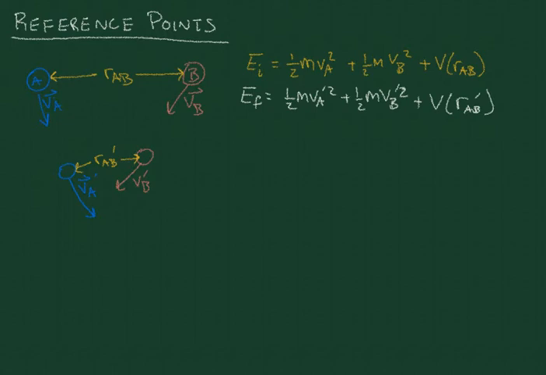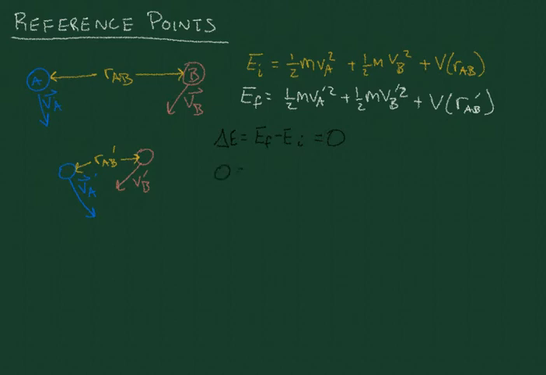Now remember, because this is a closed system, the total energy doesn't change. So in other words, the change in energy, which is E final minus E initial, is equal to 0.